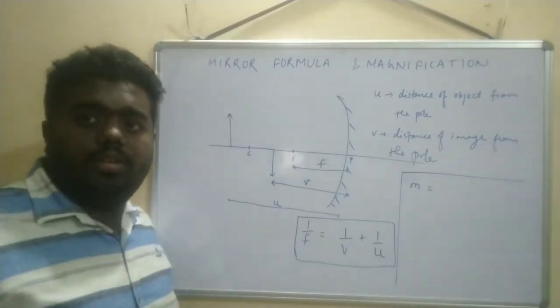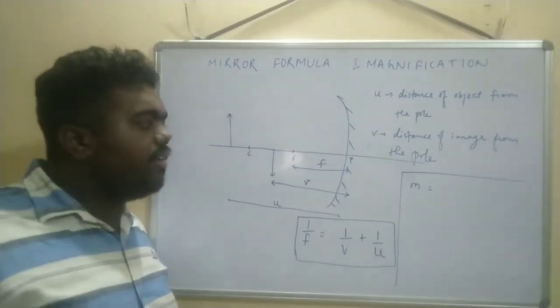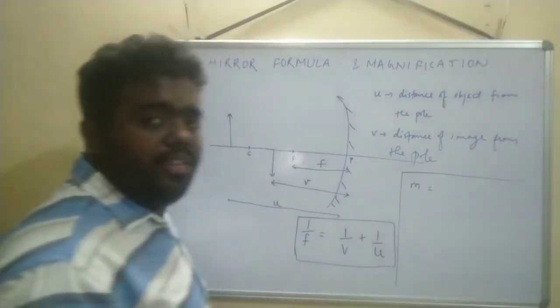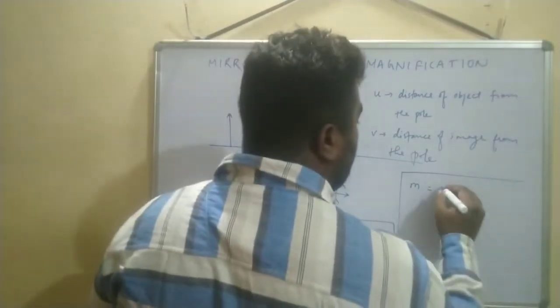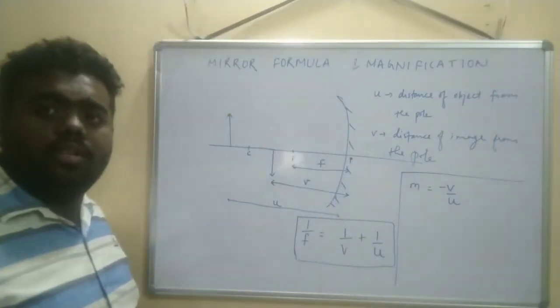Means it will not only become bigger, it can also become smaller. So now the formula for magnification, small m is equal to minus v upon u.